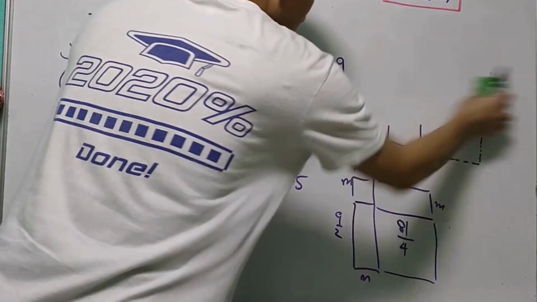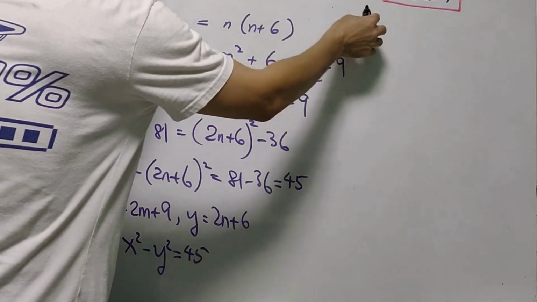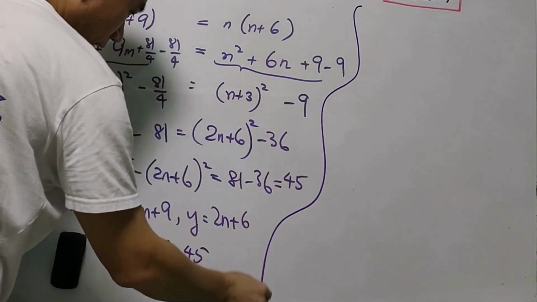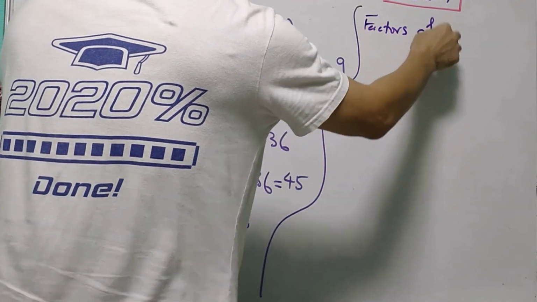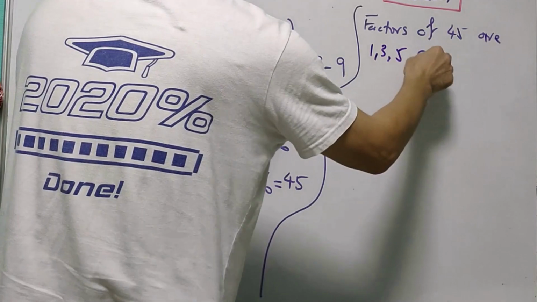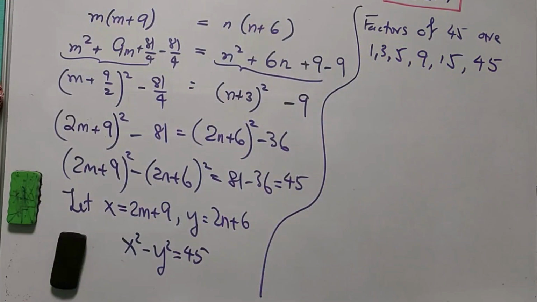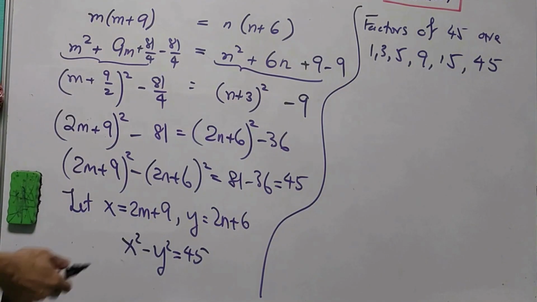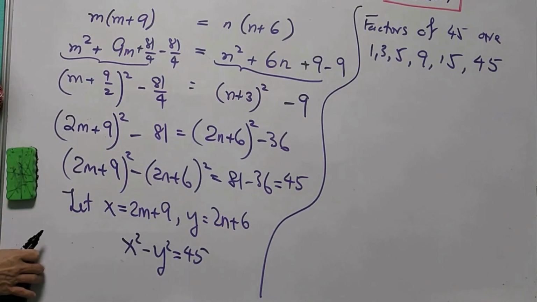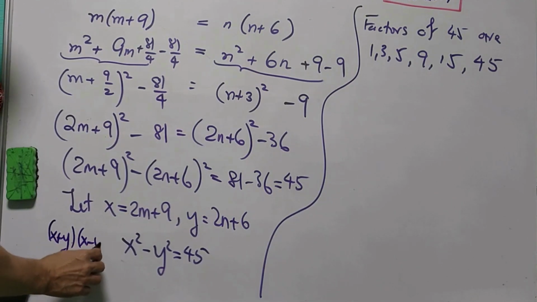I'll erase this part to save space. Note that there are many factors of 45. Factors of 45 are 1, 3, 5, 9, 15, and 45. There are 6 positive factors and also 6 negative factors. Now, x squared minus y squared can be written as x plus y times x minus y.